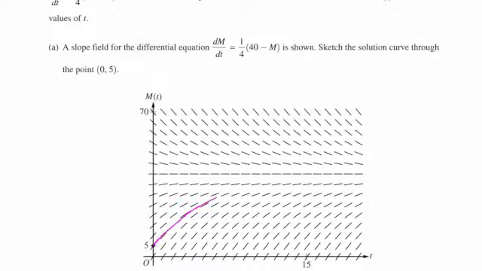You can continue like this, and this is our horizontal asymptote. Or if you draw it a little better, it will be something like this, and you can continue. So it wants only a sketch.